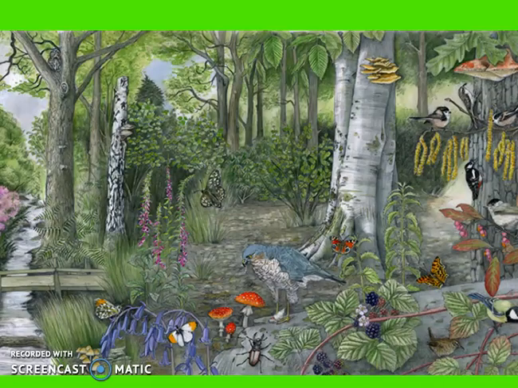Let's have a look back. We've got lots of living things here. I can see this big bird here, which looks like a kestrel. We've got butterflies flying around. There's blackberries, bluebells, an acorn tree.